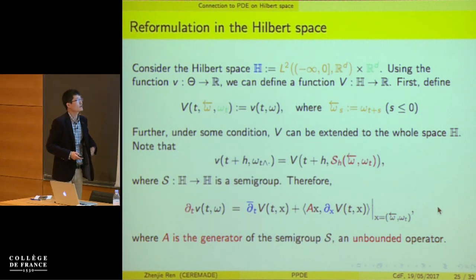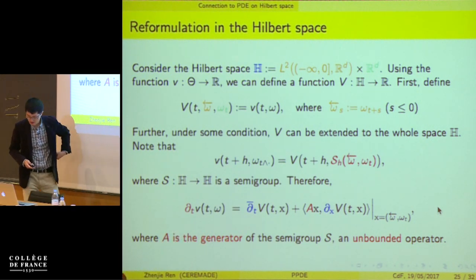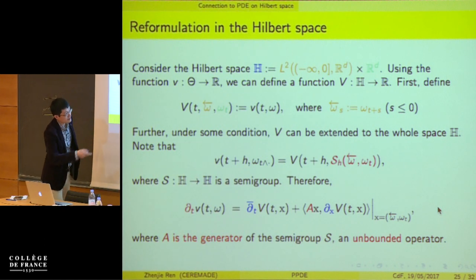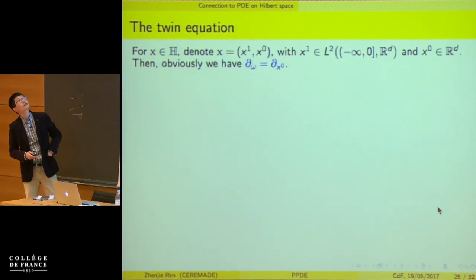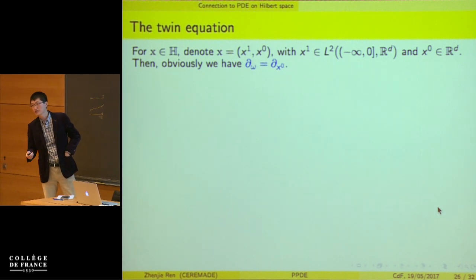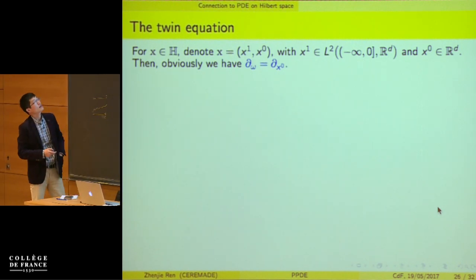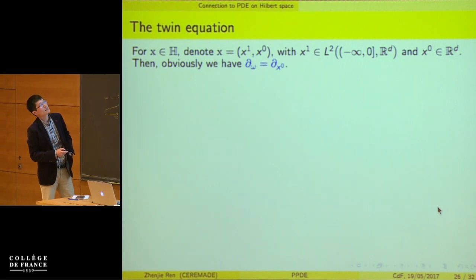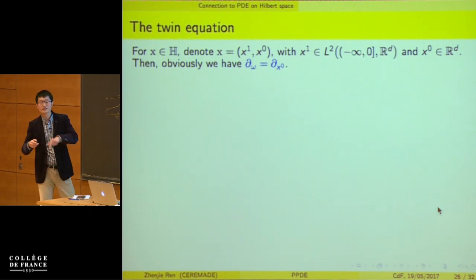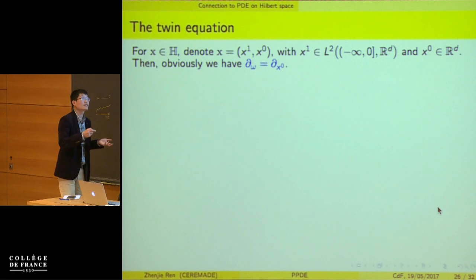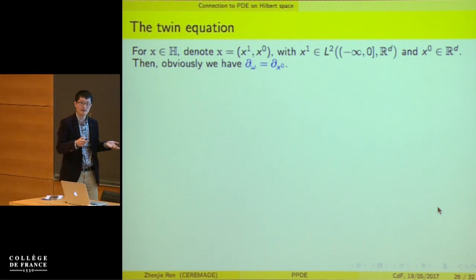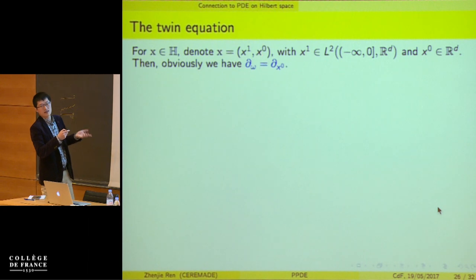And now, of course, we can replace the horizontal derivative by the composition here and find a twin equation for our PPDE, which is defined on the Hilbert space. Well, this is just about notation, and we just talked about horizontal derivative, but in fact, for the vertical derivative, it's evident. By the definition of the embedding, we can identify that the vertical derivative is, in fact, the same thing as the derivative on the green part of the Hilbert space.